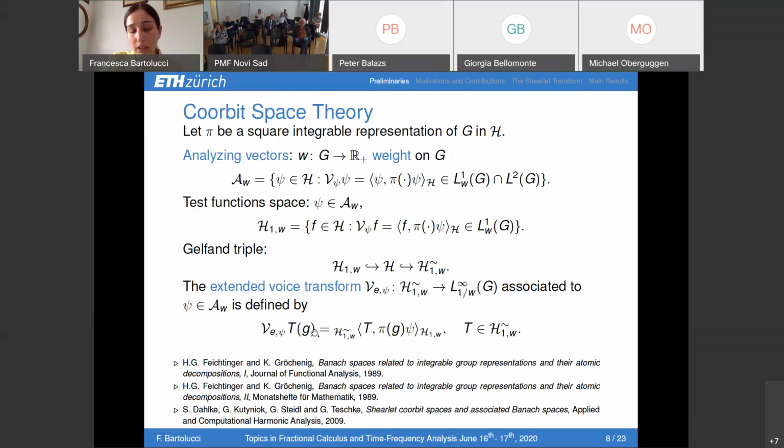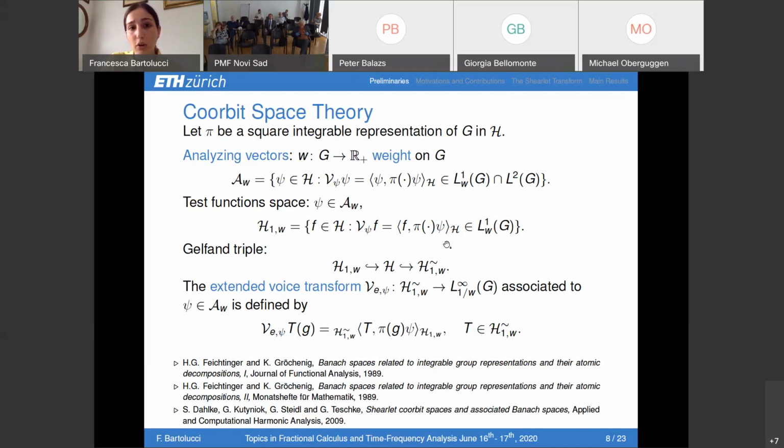The evaluation in G is the action of the element of the antidual on this test function, which is obtained by acting on the window psi with the unitary operator pi of G. And this is a good definition because psi, by definition, is in the test function space, and we have said that the test function space is invariant under the action of the representation.